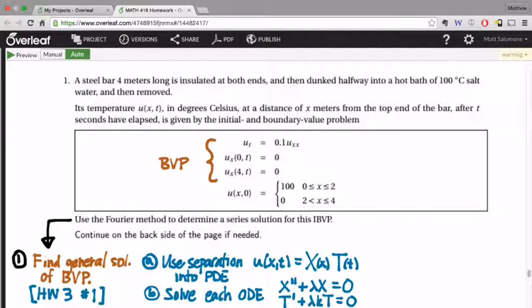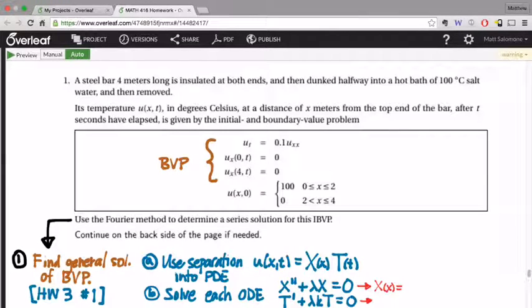You solve each one of those ordinary differential equations, and because we don't use ordinary differential equations as a prerequisite, this is a place where I can just give you, or you can feel free to look up. You won't have any questions on the exam which will require you to solve new ordinary differential equations. So every ODE that you would need to solve on the exam is one of these two, essentially. So I'm not going to be pulling any new ones out of a hat for you.